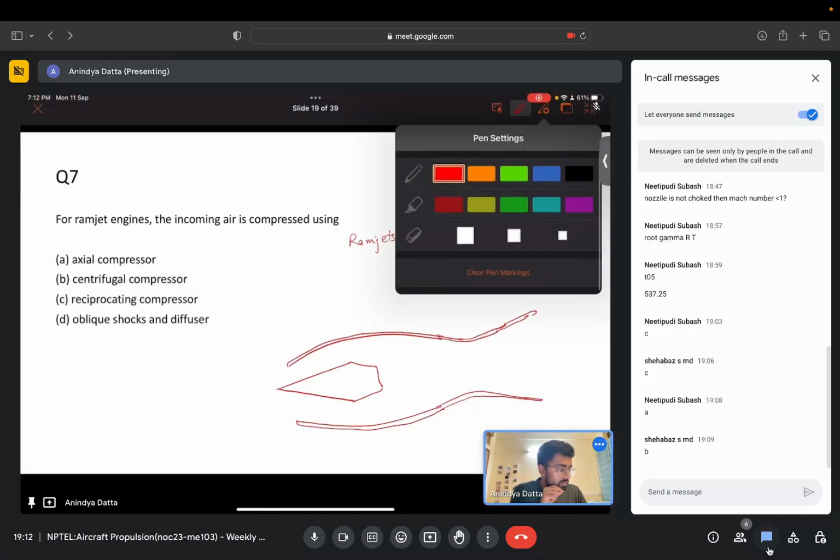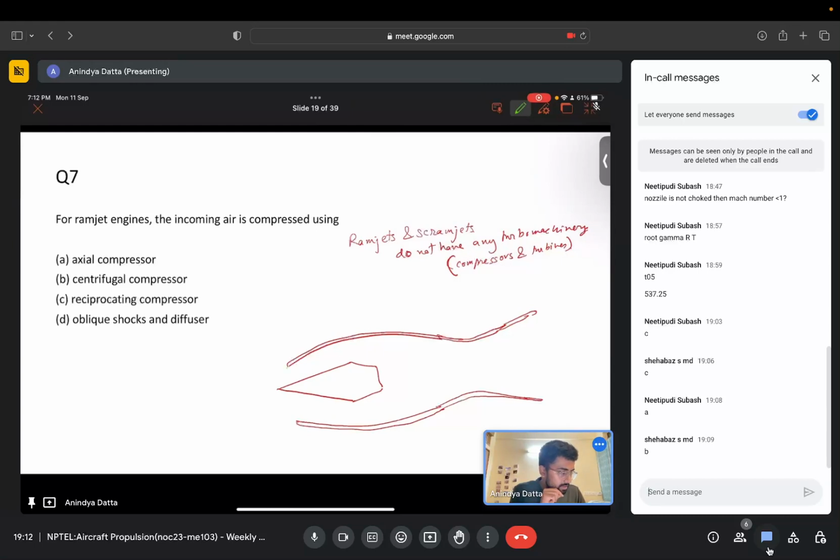In the case of ramjets, you get shocks like this. These are oblique shocks. Then you have the diffuser. Here the flow is approaching with Mach number greater than 1.